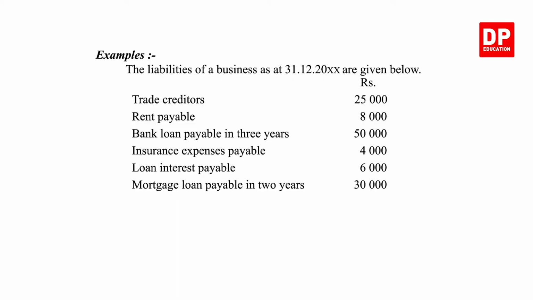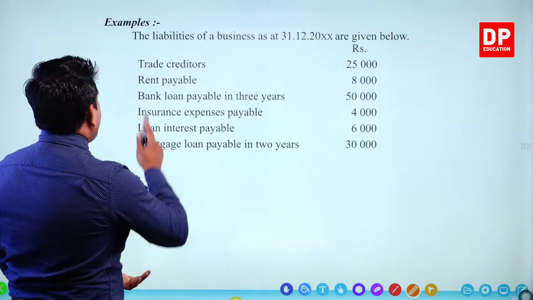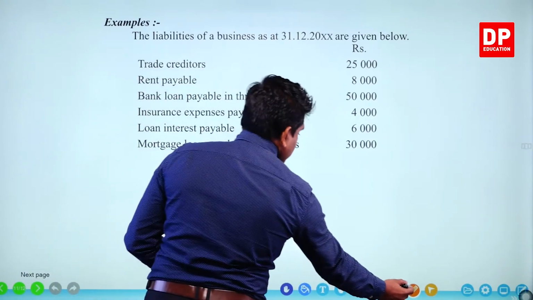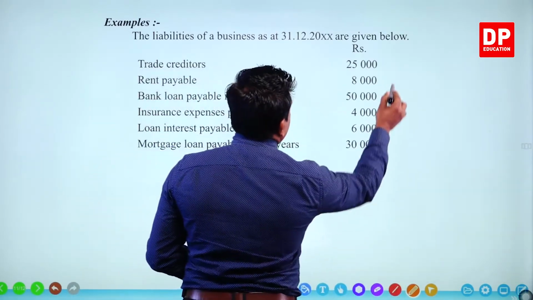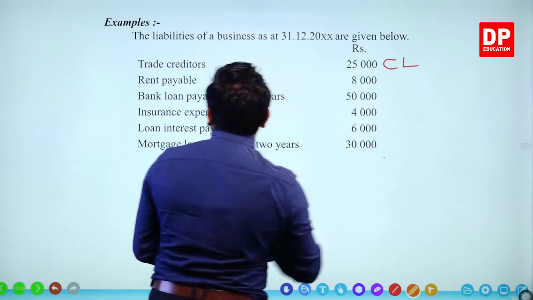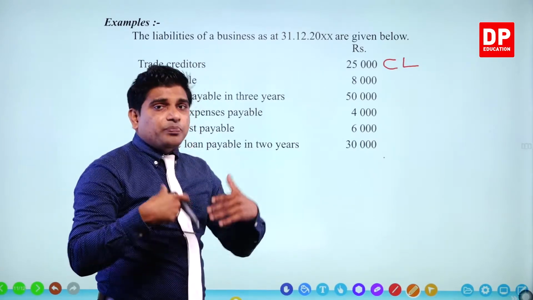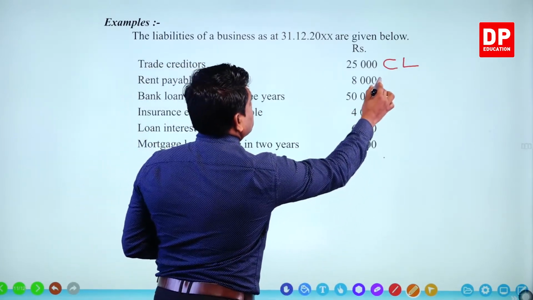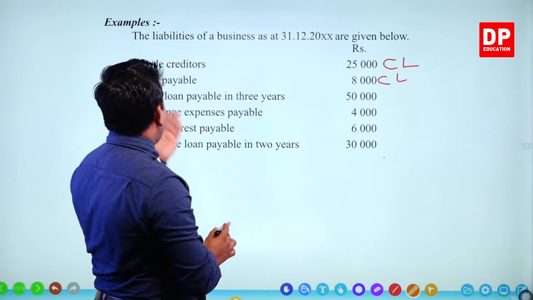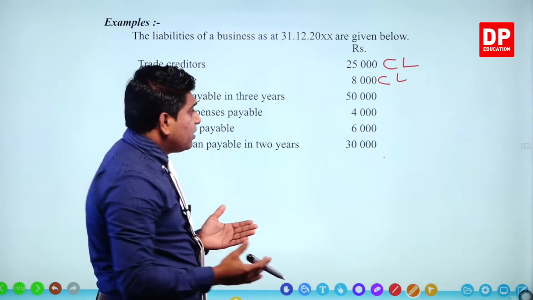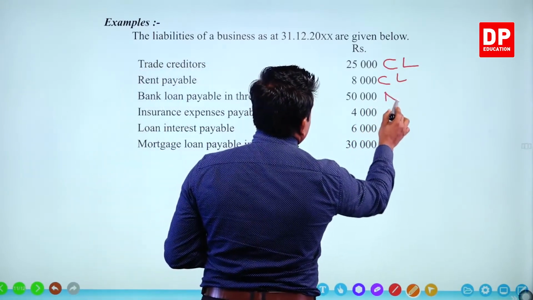Now there's another activity. The liabilities of a business as at 31st December 2020 are given below. Trade creditors, creditors: current liability or non-current liability? Current liability, right? Rent payable: receivable is a current asset, any payable thing is a current liability. Bank loan payable in 3 years, more than 1 year, then non-current liability.